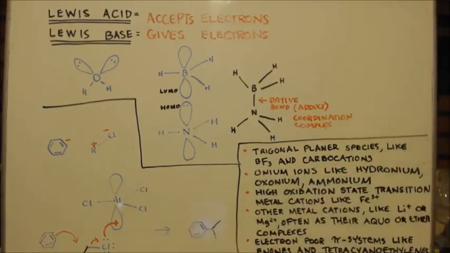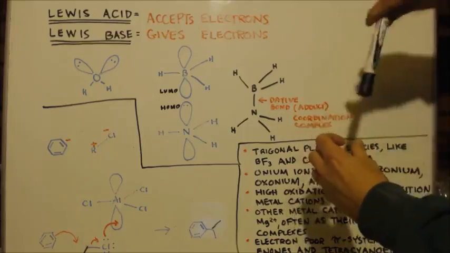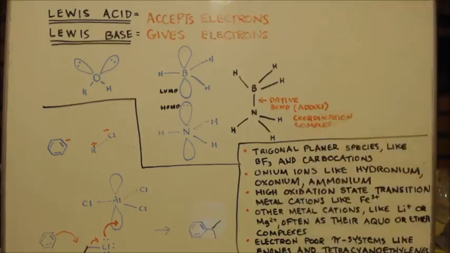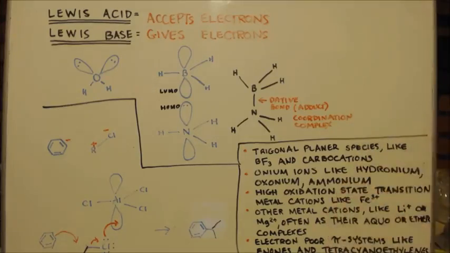You can see right there. Also, other metal cations like lithium or magnesium plus 2, often as their aqua or ether complexes. And that just means that all the surrounding dative bonds, all the coordination, all the ligands are water. And in this case, it'd be all the ligands are ether in that coordination complex.